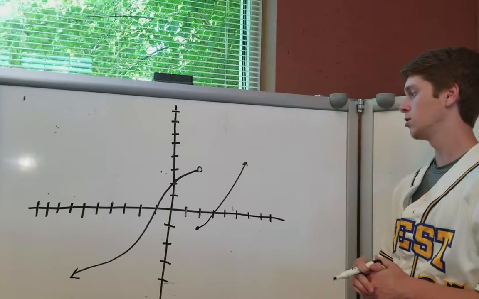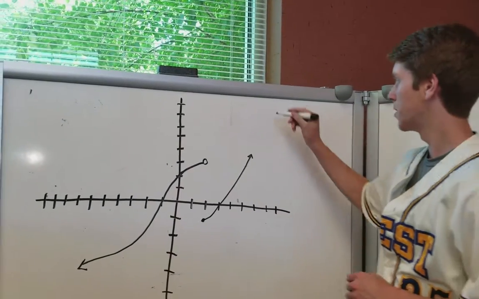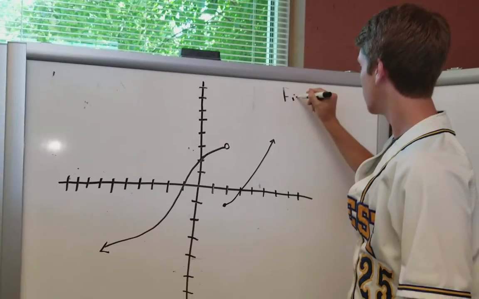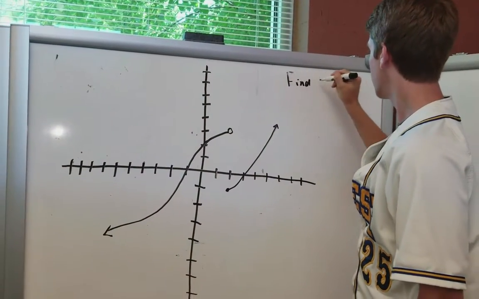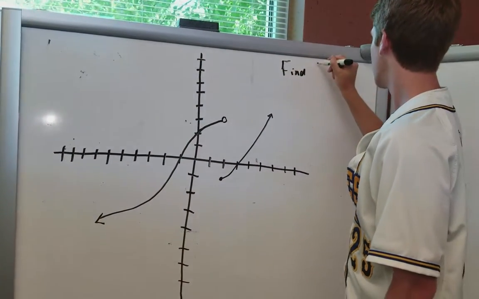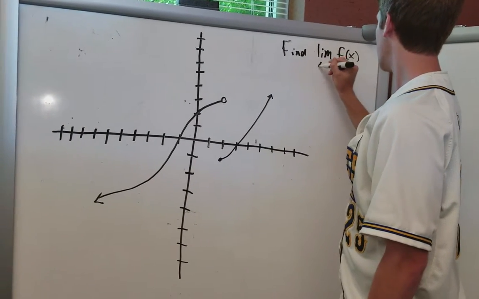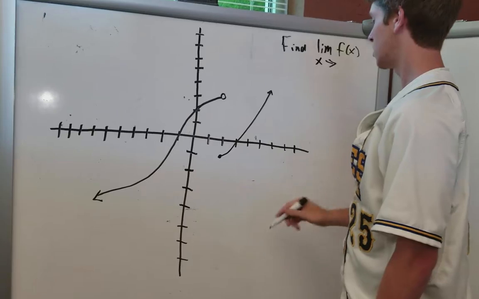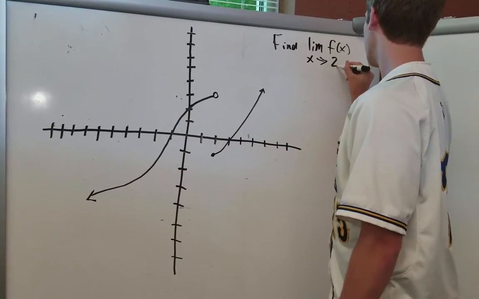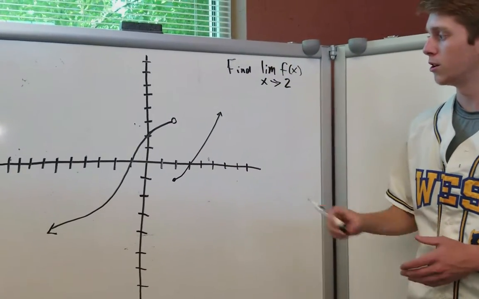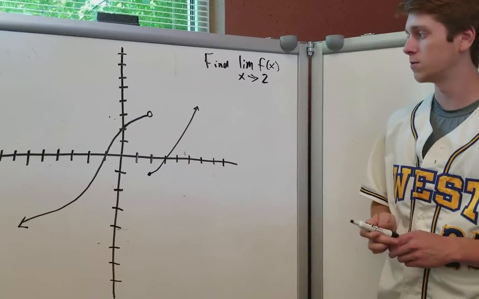Next example, we have this function here, and the problem is find the limit of f of x as x approaches 2. So when we look at our problem here, this function is a piecewise graph.